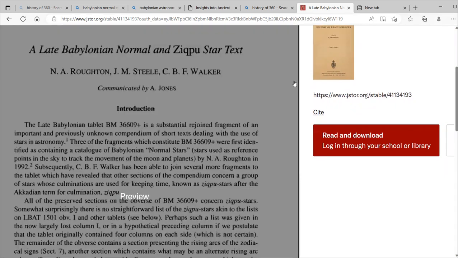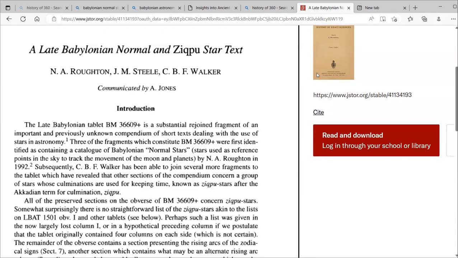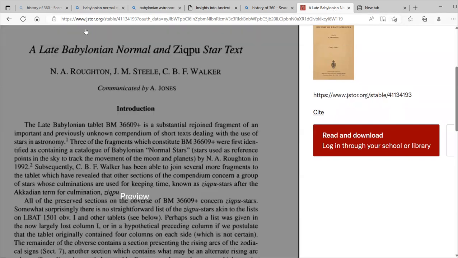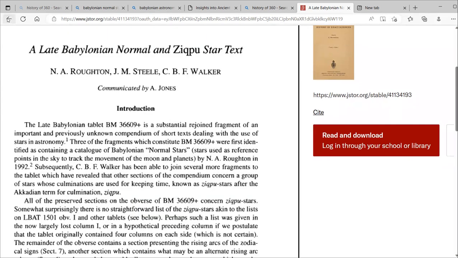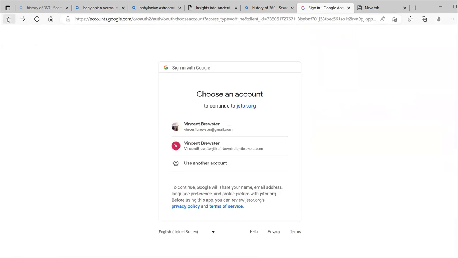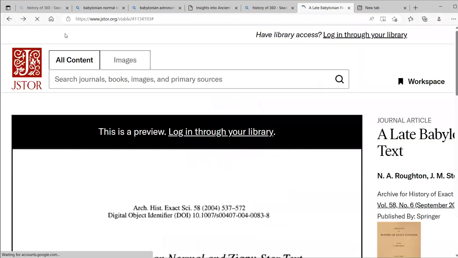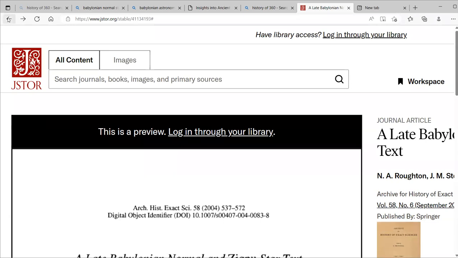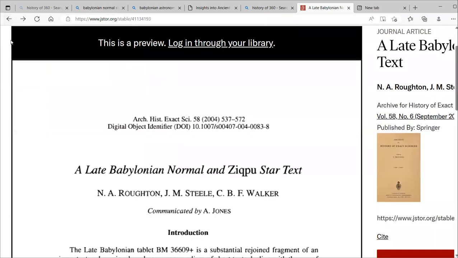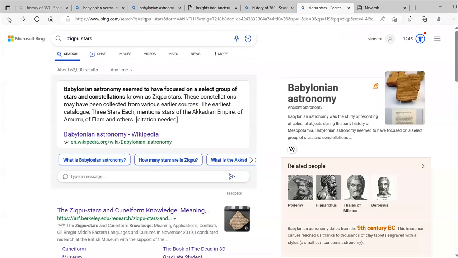Maybe I can find the article on the ziqpu stars. Let me go back and find it, because my reading sounded horrible, and I don't want to sound horrible because I want you guys to get what I'm saying.